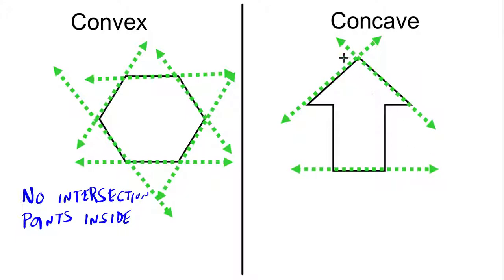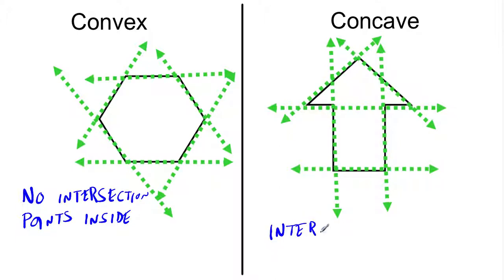But as soon as I extend these, you can see that these lines cross through the inside. So because I have intersection points inside, that means that this is going to be a concave polygon.